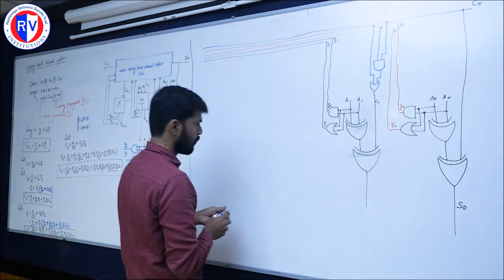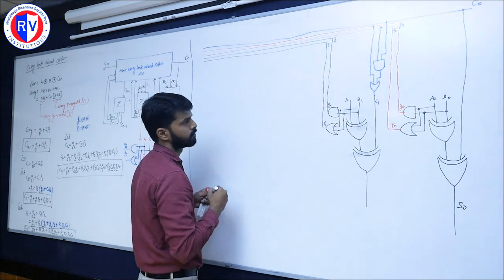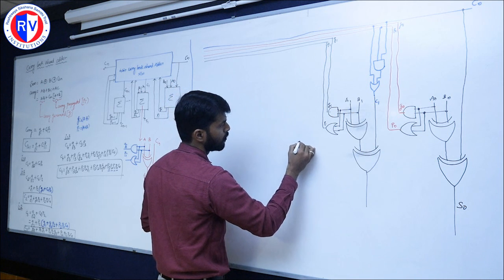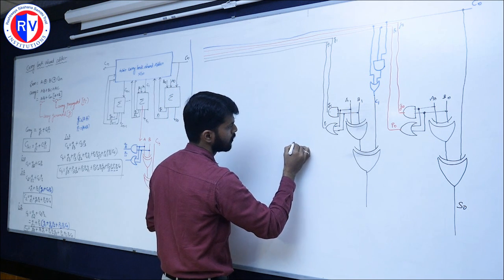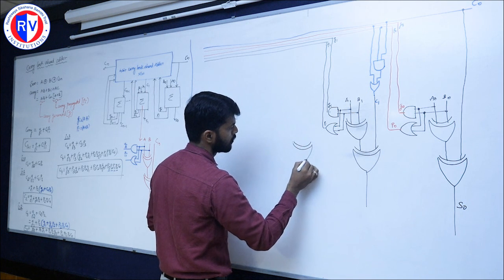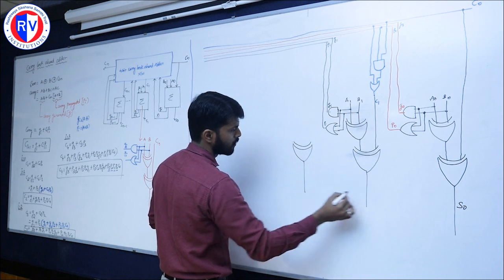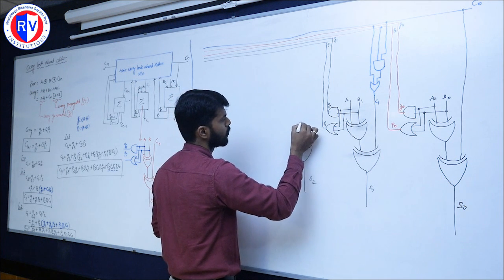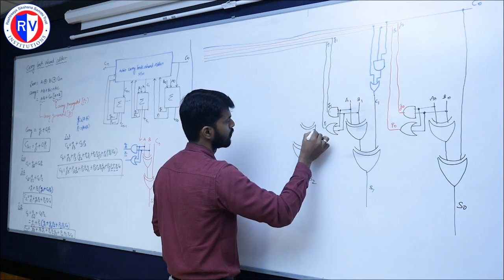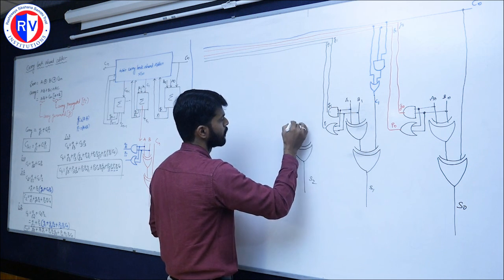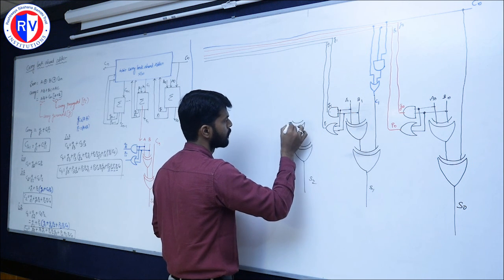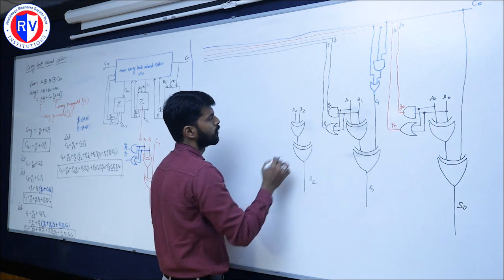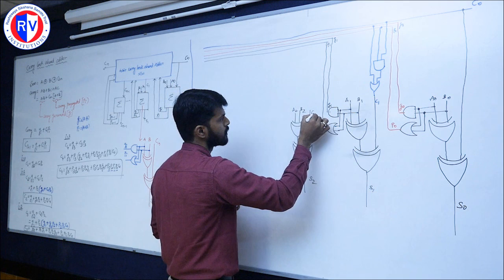Now I want to design one more adder stage here. In this, I will take one more adder circuitry here. This is S1, S2. Again, I need one more design over here. This is A2, B2. Here I need C2.